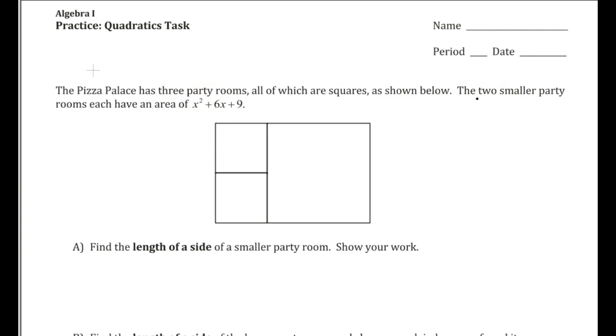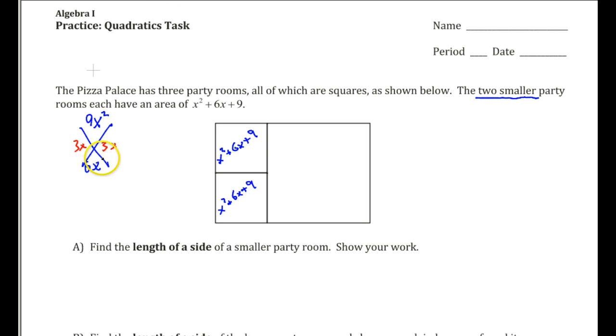We got to know that these two smaller rooms are the same size. So x squared plus 6x plus 9. And if you go through the process of factoring, what multiplies to 9x squared and adds to 6x?